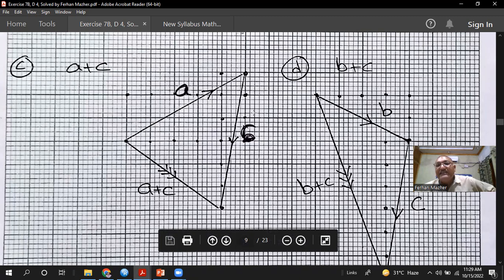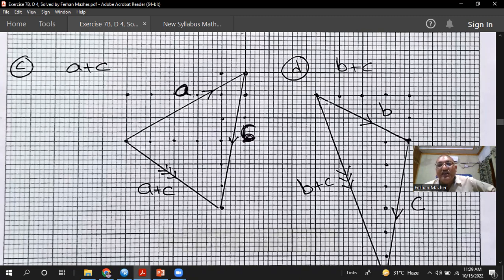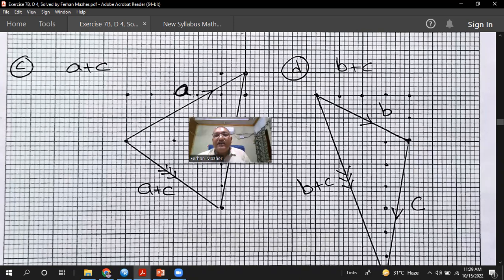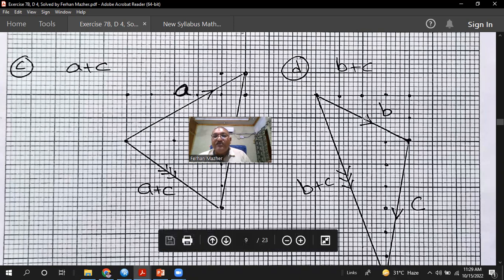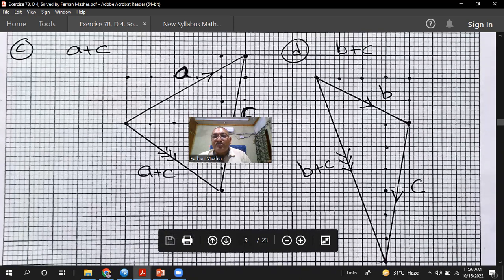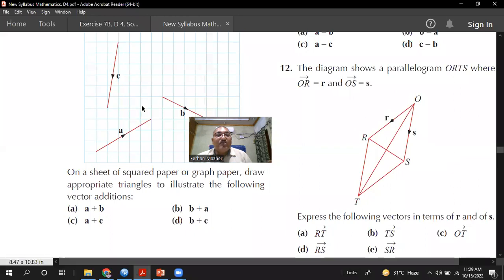In the same way, they ask us to find B plus C. Start from anywhere. For example, I started from here. So 1, 2, 3, 4, 1, 2, 2 steps downward. So that is your B. One step to the left, 6 steps down. That is your C. So join the tail of the first vector with the head of the last vector, and that will represent B plus C. So that was question number 9.